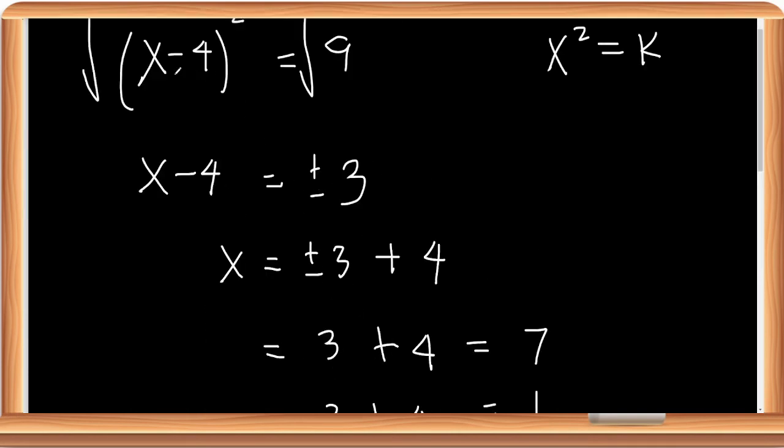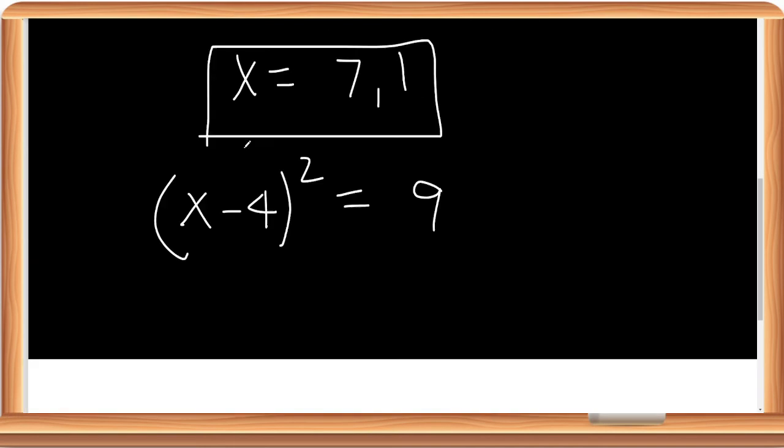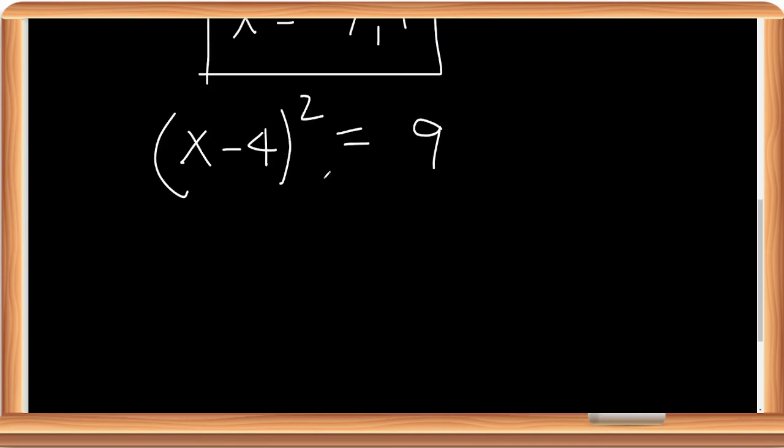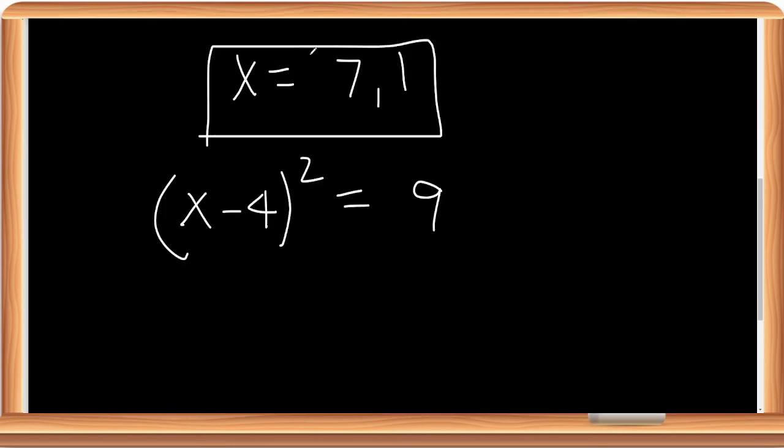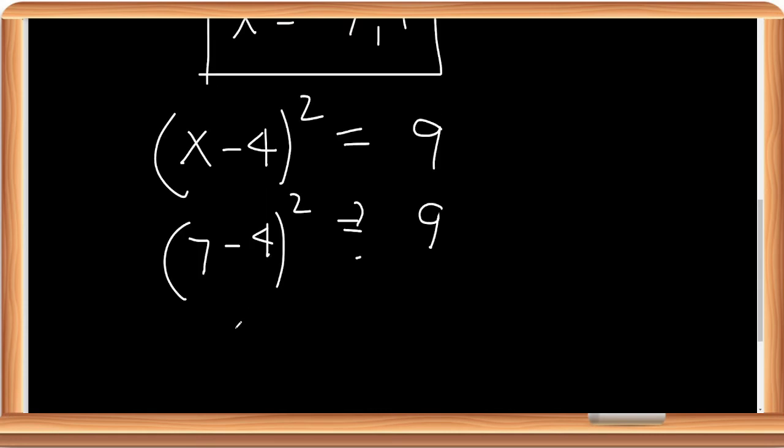Yan yung original equation. Substitute natin ngayon yung solution mo. Unahin natin yung 7. So, 7 minus 4 squared. Is it equal to 9? So, what is 7 minus 4? That's 3. And then, square mo yung 3, it is equal to 9. Okay? So, 9 is equal to 9.